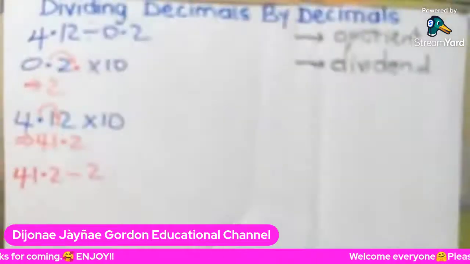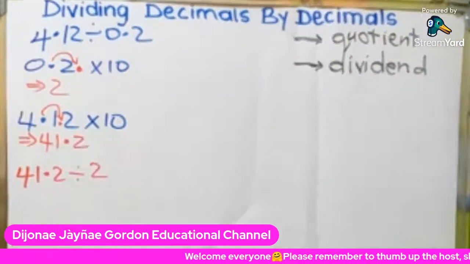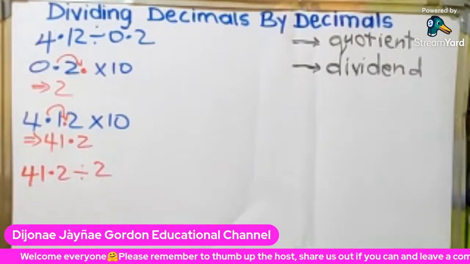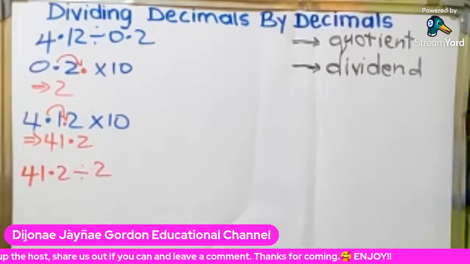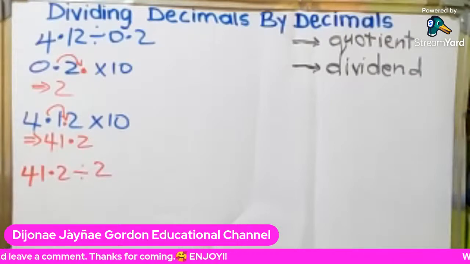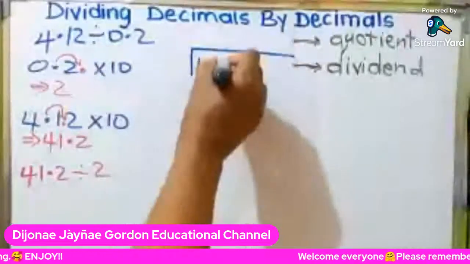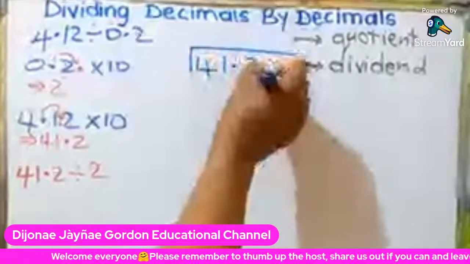All right. So let me go right ahead and work this problem out so that you can see what the quotient is looking like. All right. I'm setting the problem out. So 41.2 is your dividend, and of course 2 is your divisor.